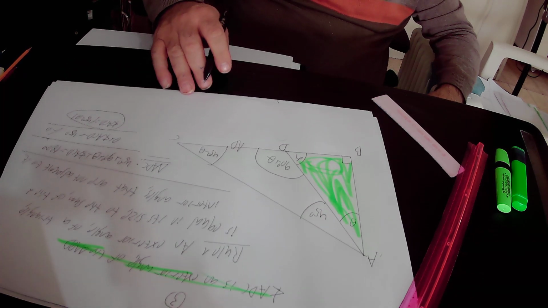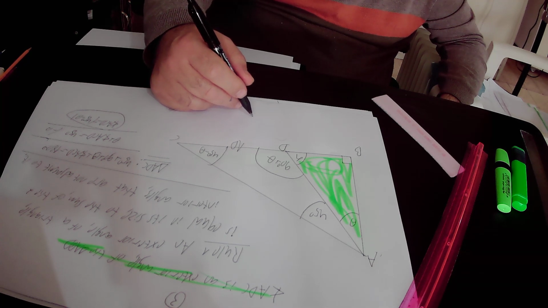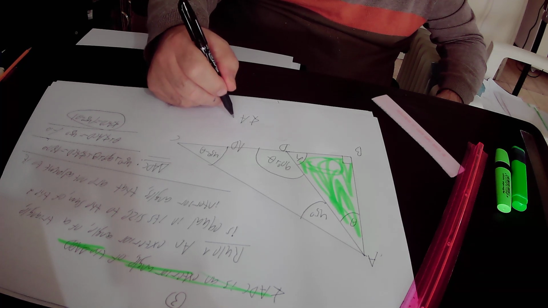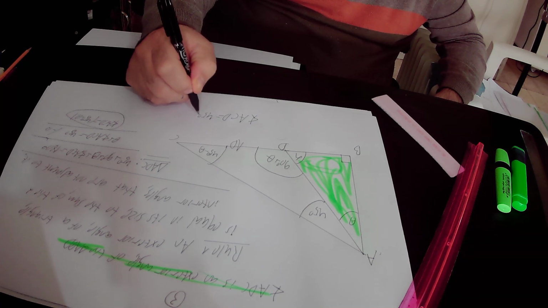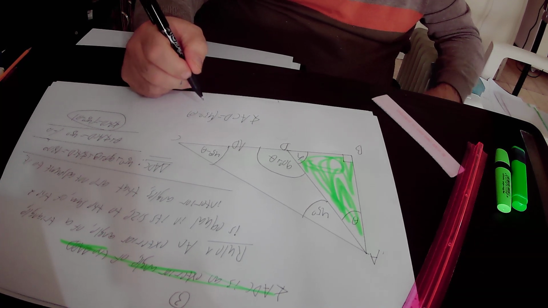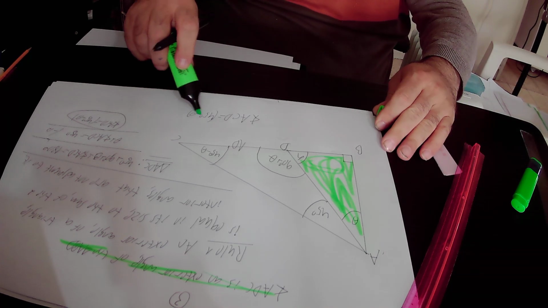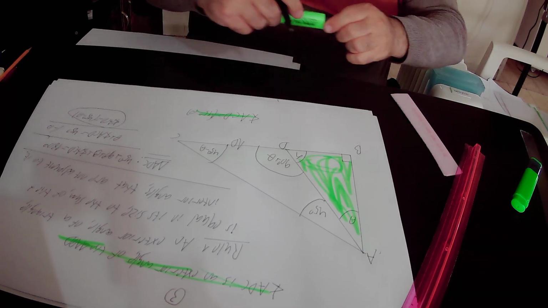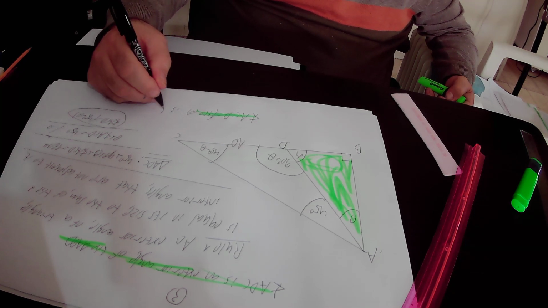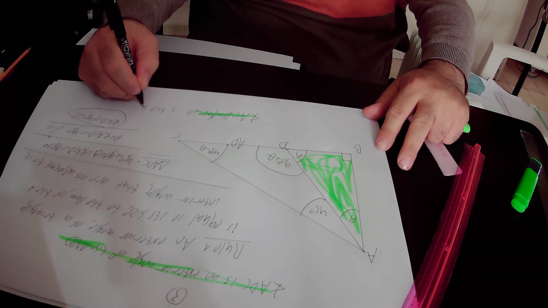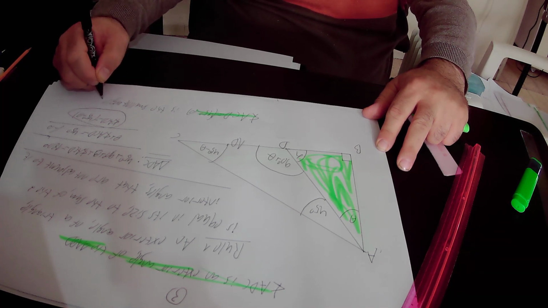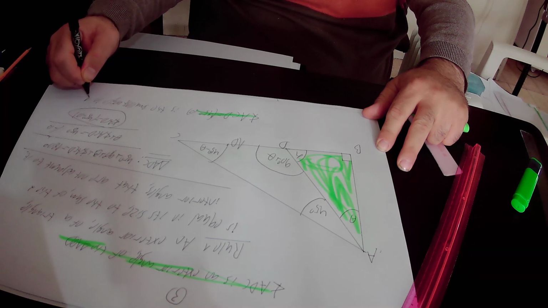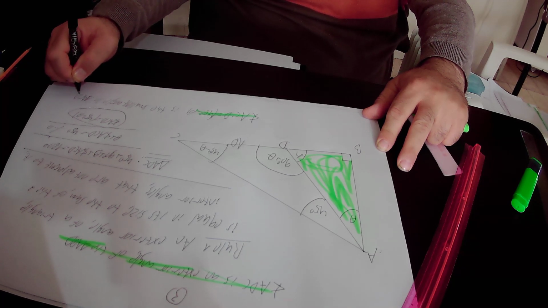So we can write down that angle ACD, which is equal to 45 degrees minus theta, is the smallest angle in triangle ADC.